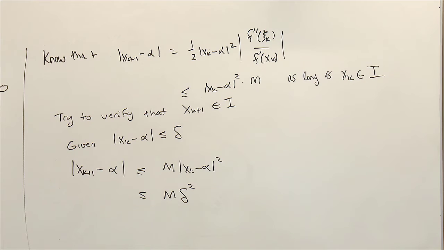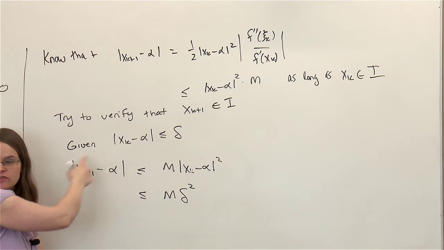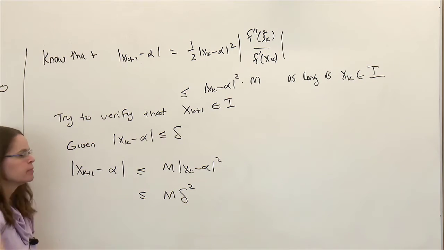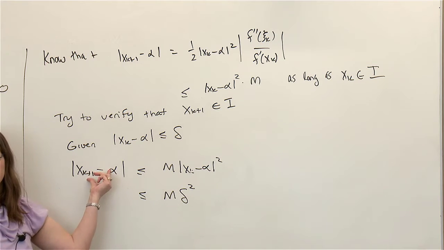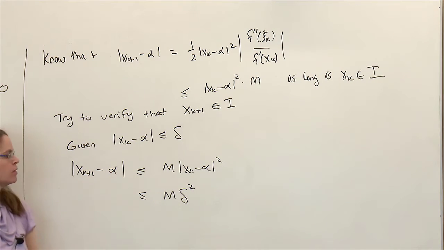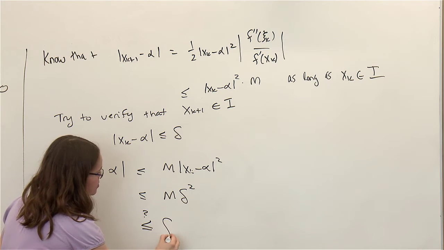If m is a constant, m over 2 is also a constant. Okay, so we know this is true. Now what do we want? We would love to be able to say that this difference is also less than delta. So if we can guarantee that this is less than delta, this is automatically less than delta. So I'm going to say this with a question mark: can I make this less than delta?